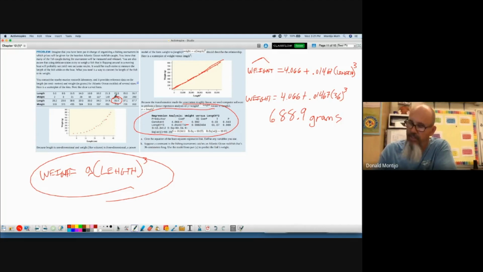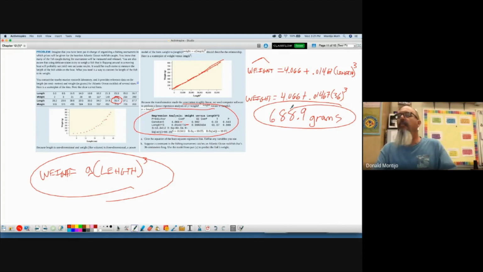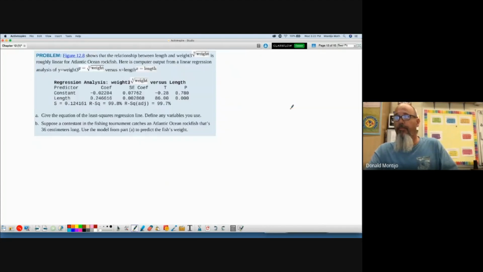So this seems to be a reasonable prediction based off of the observed data. So we can transform the data by using square root or cubed root or squaring or cubing based off of the relationship between the two variables.